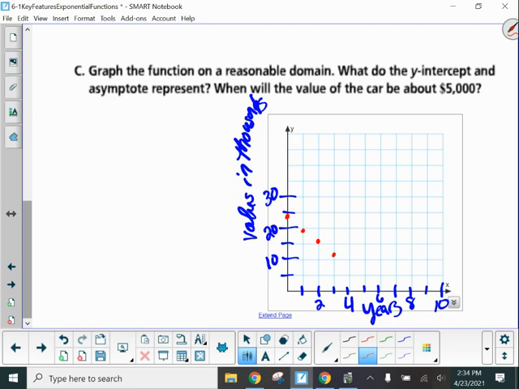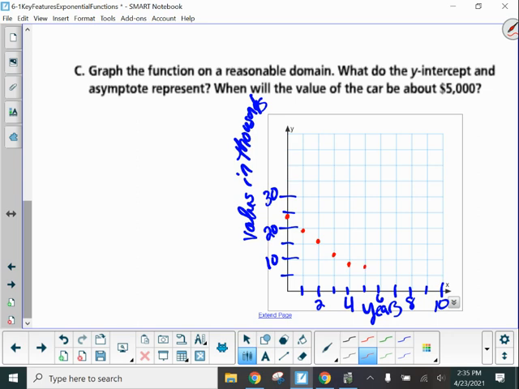4 years is going to be 9,830. So we're down here. 5 years is going to be 7,864.